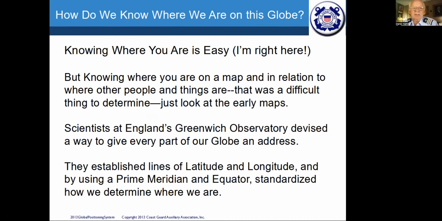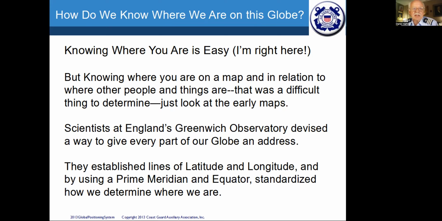This was very difficult to determine. The early maps are full of errors because they just didn't have a good grasp of cartography. But it got better and better and better. And we thank people like George Washington for doing so much of the land surveying that he did.